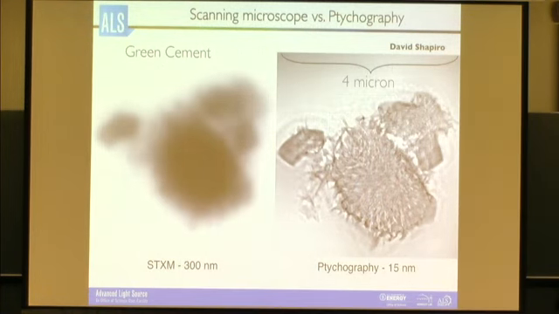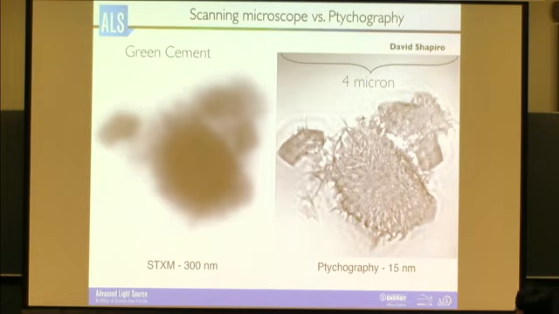So before I discuss the mathematical details, let's take a look at the current results, like this from David Shapiro, who is also a researcher at Lawrence Berkeley, who used this technique to image this green cement. On the left-hand side is the traditional scanning microscope.